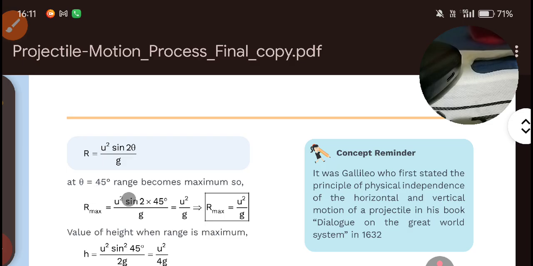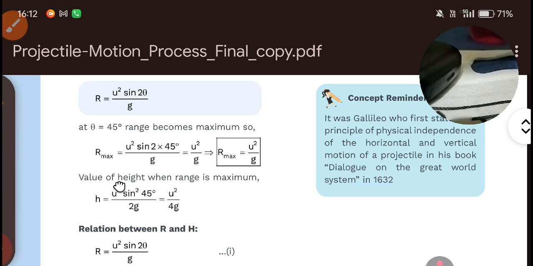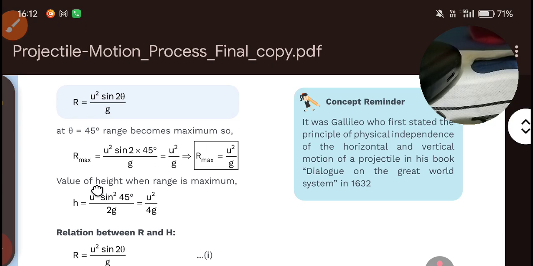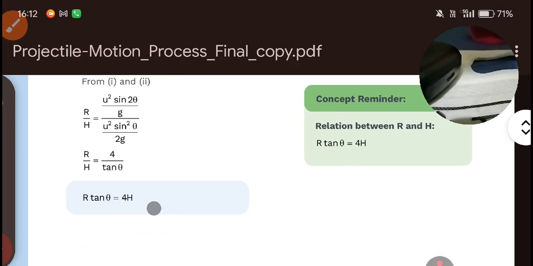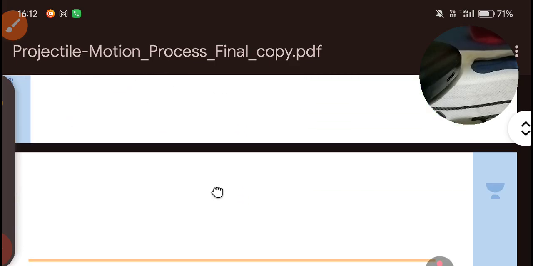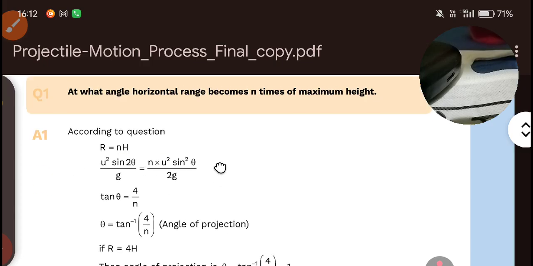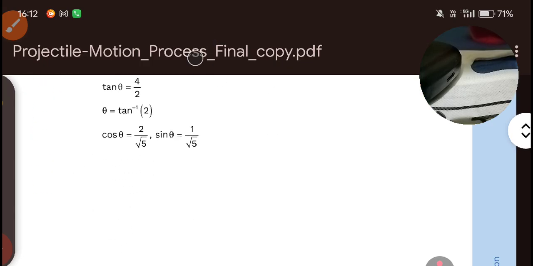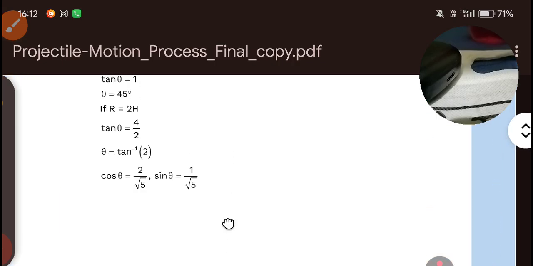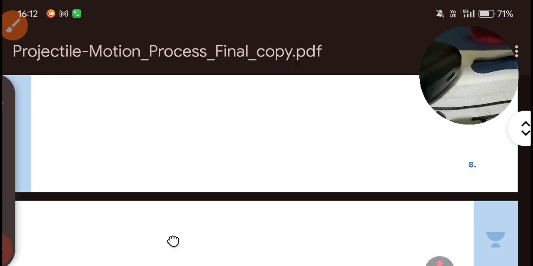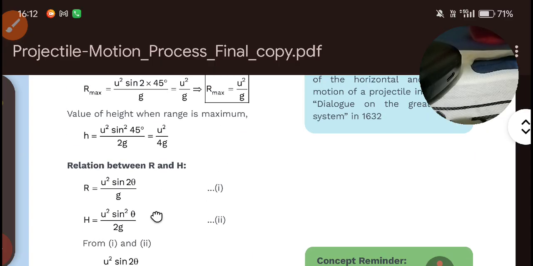At theta equal to 45, range becomes maximum. Now you have question answers, but just let me complete this range thing.